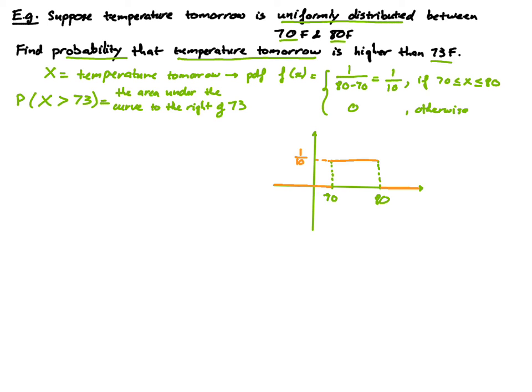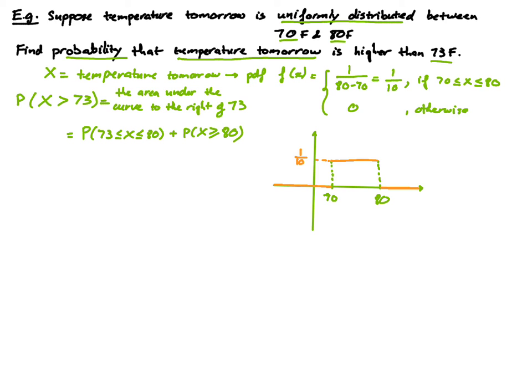Let me go ahead and split this into two probabilities. So let's have the probability that 73 is less than or equal to x, less than or equal to 80, plus the probability that x is greater than or equal to 80.